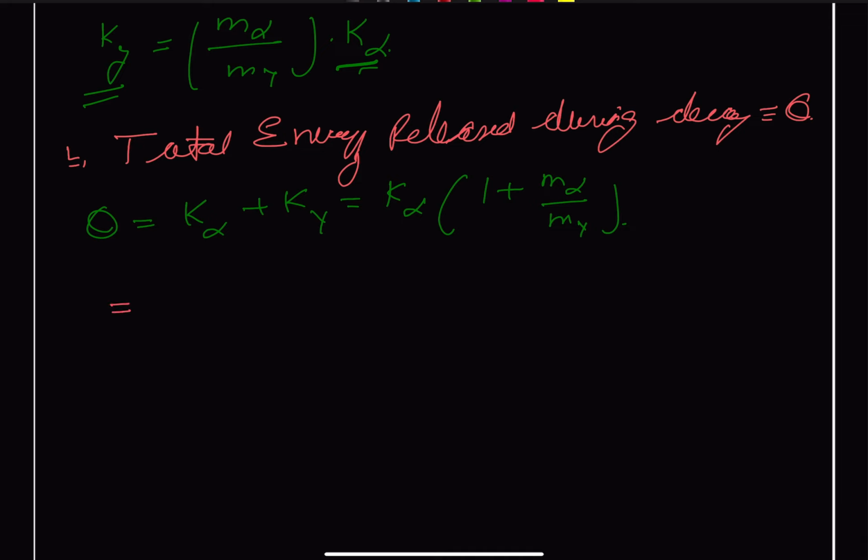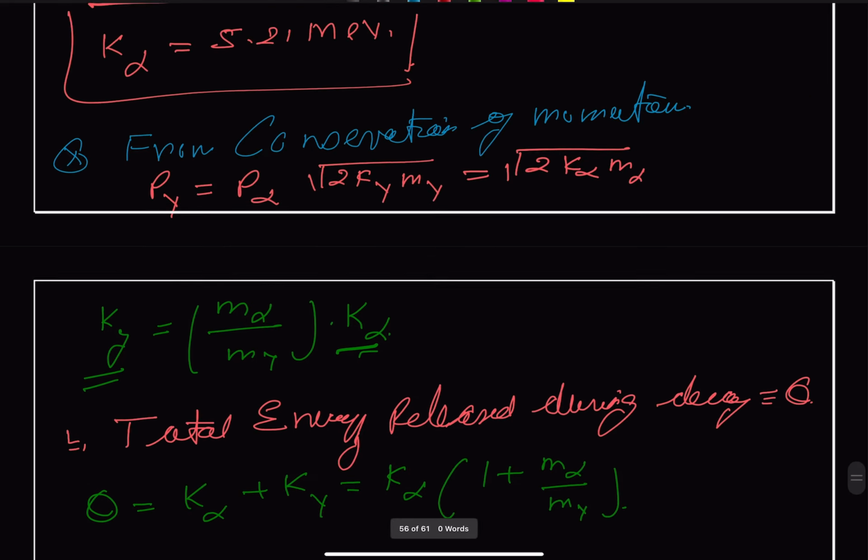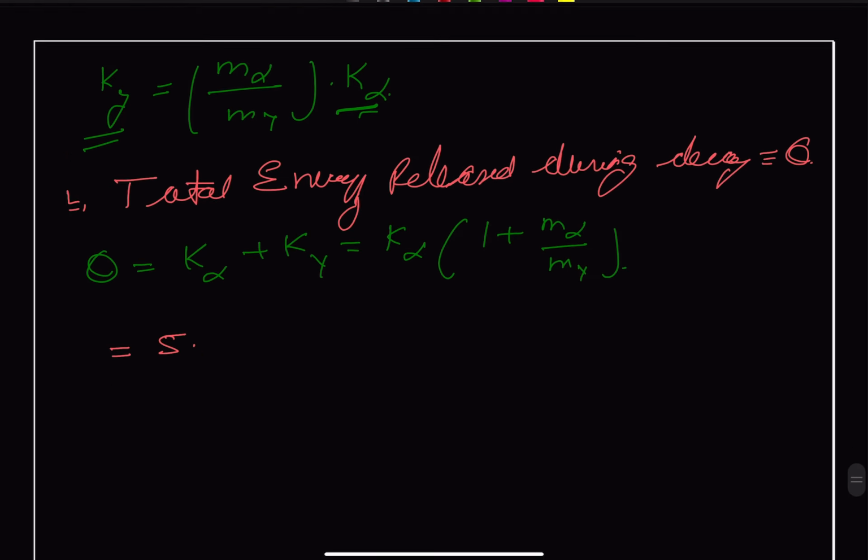So we substitute it, we get K of alpha, which was 5.21, multiplied by 1 plus 4 upon 228, and this comes approximately as 5.34 mega electron volt.